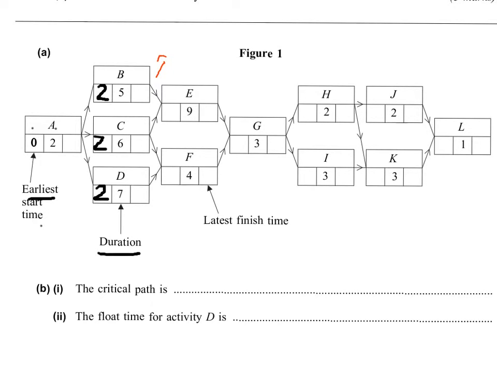C's task takes 6 days, so 2 plus 6, 8. So E will have to wait until C is finished, so I would have to write 8. If 2 arrows are going into one activity, you need to choose the bigger one. So going from left to right, choose a bigger number.